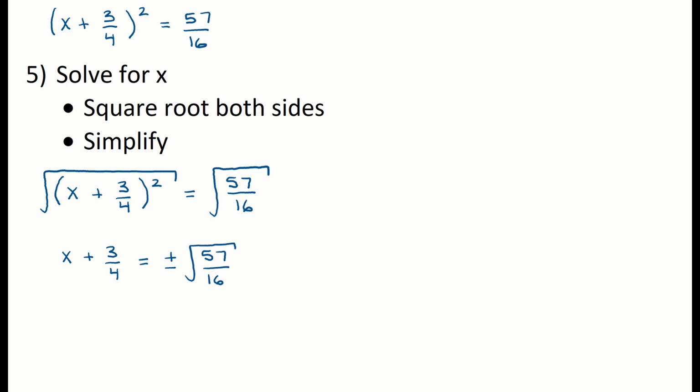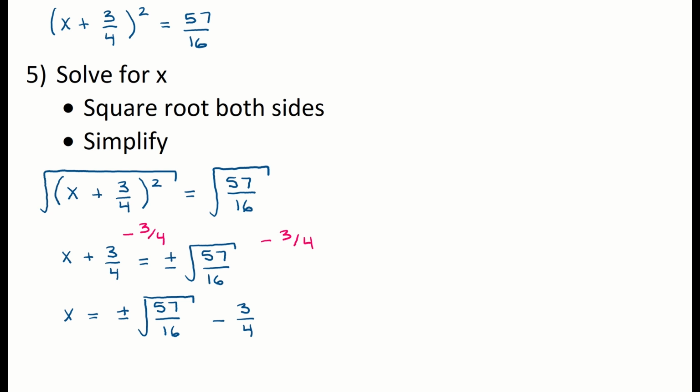And then finally, I'm going to get the x alone by subtracting 3 over 4 from both sides, which turns this into x is equal to positive and negative square root of 57 over 16 minus 3 over 4.